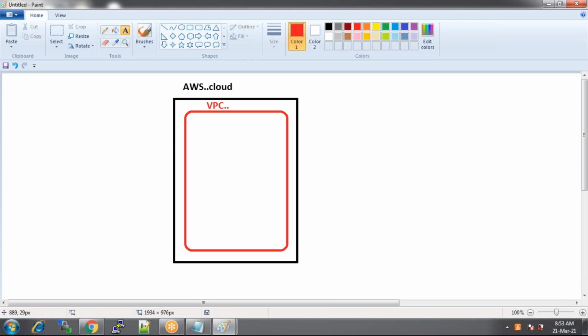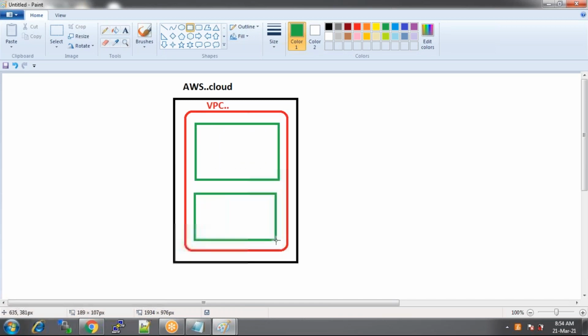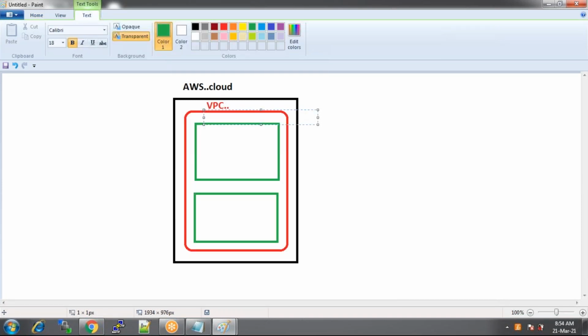Within the VPC, I then create what we call subnets. So what is a subnet? We'll talk about it. Now, the VPC has subnets. I'm creating subnets. This is what we call a public subnet. I'll explain. So a public subnet, then we have a private subnet.